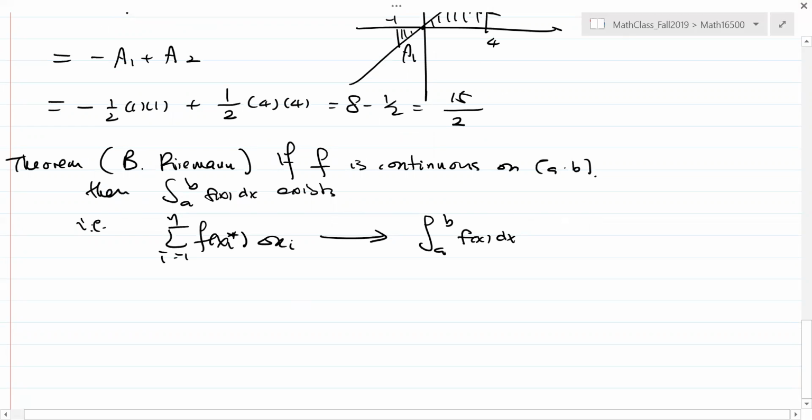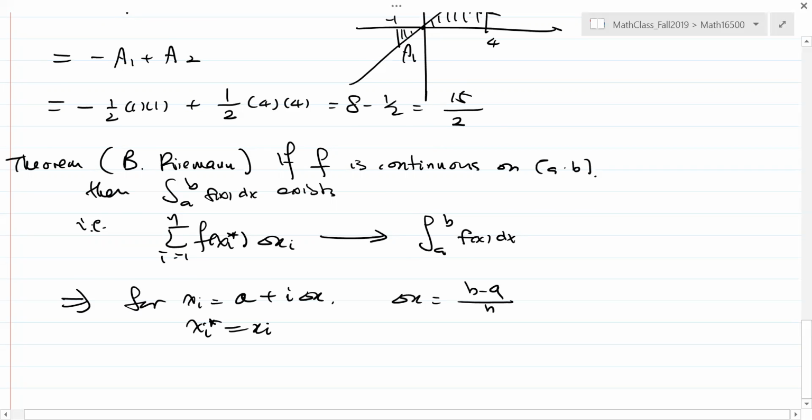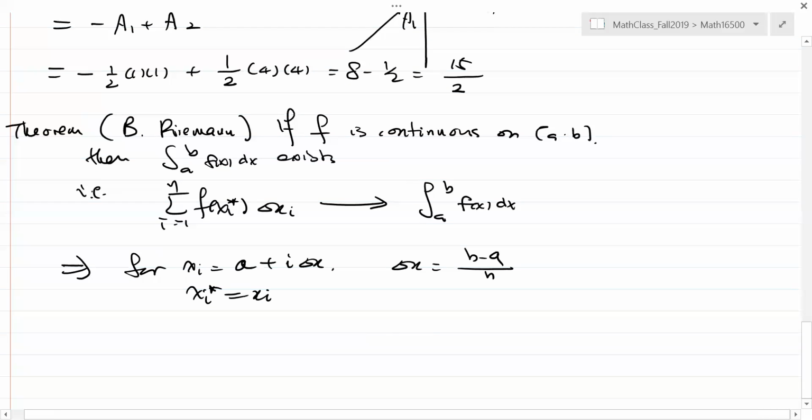So what does that tell us? Because you have so many choices of partitions, in particular, if you choose a special partition, for a particular partition, a plus i delta x, where delta x is going to be b minus a divided by n, and the xi star is going to be xi, choosing the right endpoint of each interval, this is a special Riemann sum.